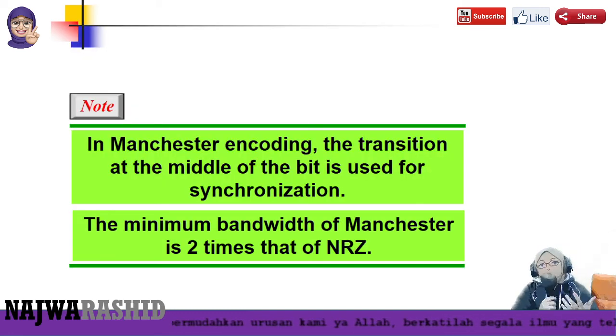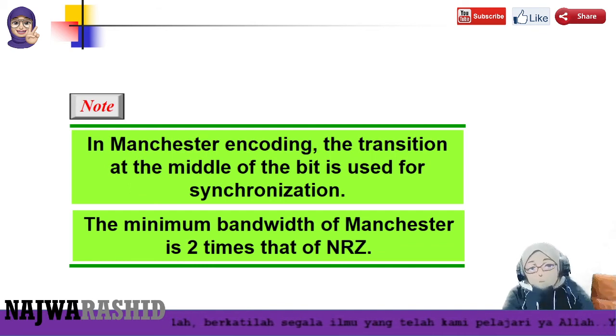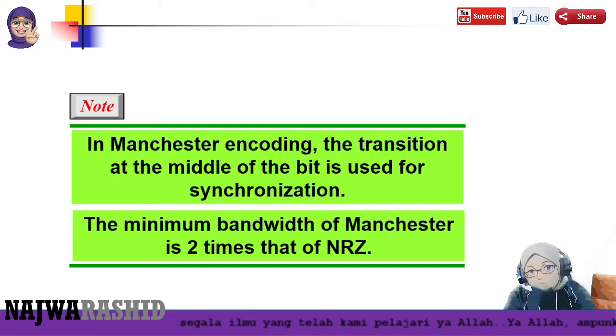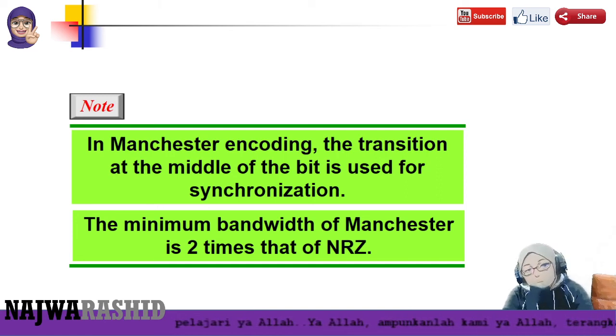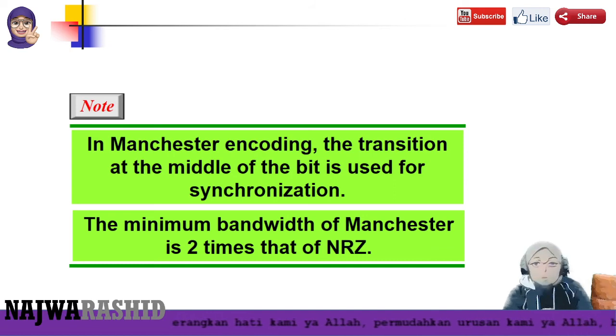In Manchester encoding, the transition at the middle of the bit is used for synchronization. If we use the Manchester encoding scheme, the middle of the bit is used for synchronization, so both parties know how to synchronize the process of transmission.